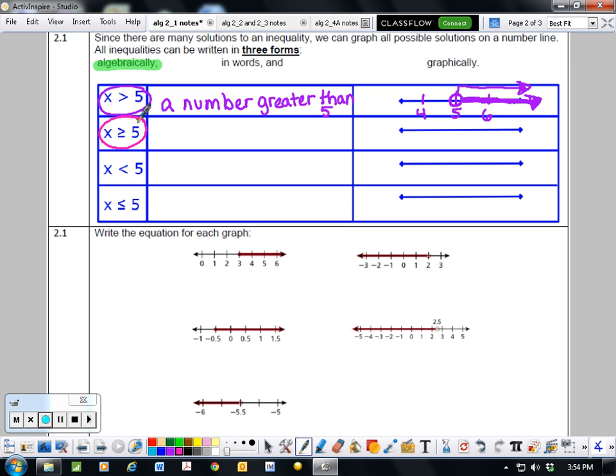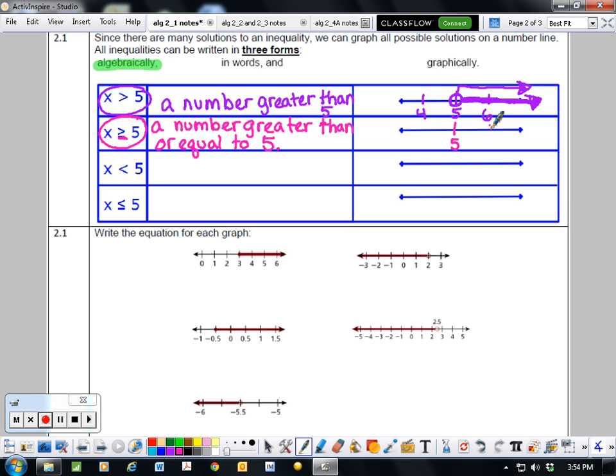Okay, so our next algebraic inequality is this one. And so we write it out: a number greater than or equal to, because we have the line underneath it, to 5. So now on our number line, we're still looking at the number 5.